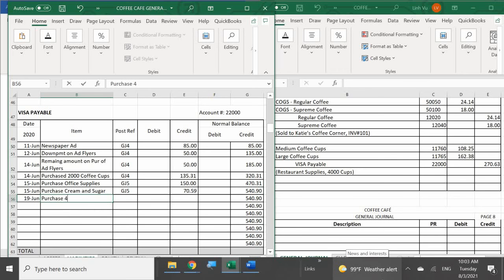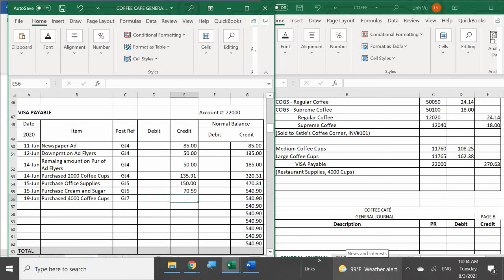Purchase 4,000 coffee cups. Once again, we are on the last part of General Journal number 7.